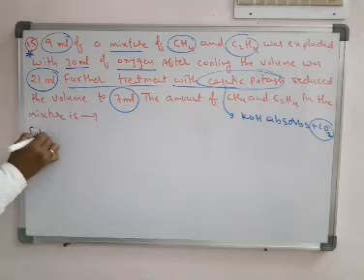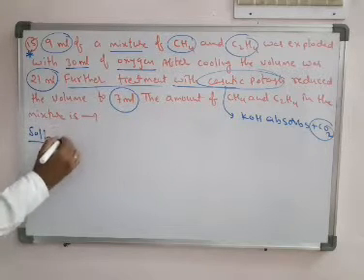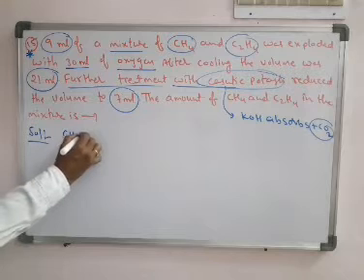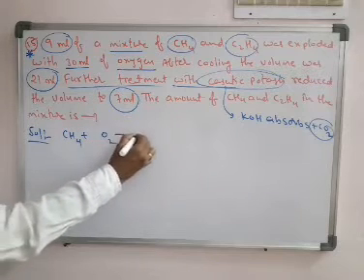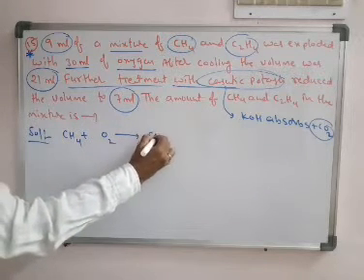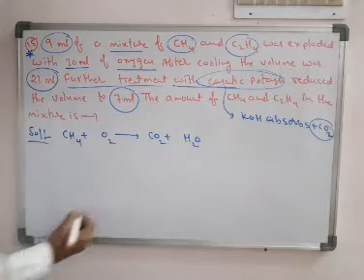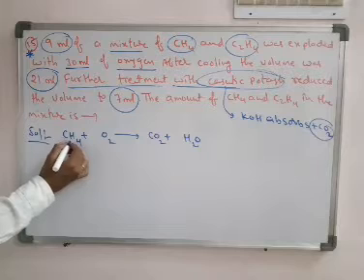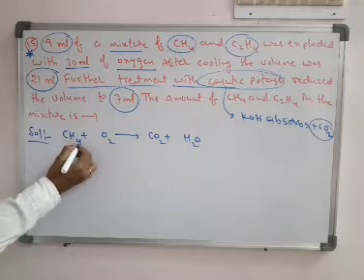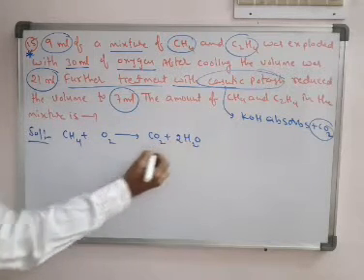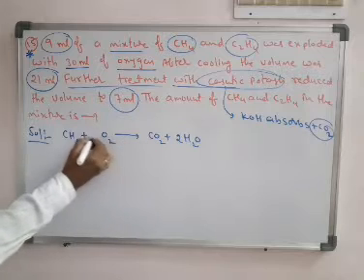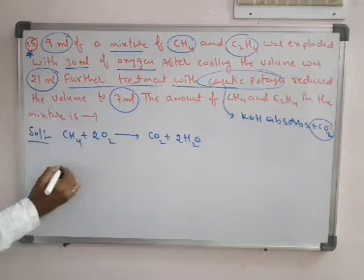First we write the reactions for each molecule. Methane reacts with oxygen. We know that any hydrocarbon combustion gives carbon dioxide and water. So balance it: 4 oxygens, 4 oxygens.